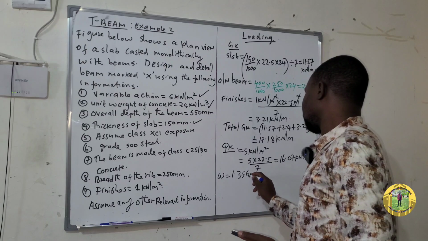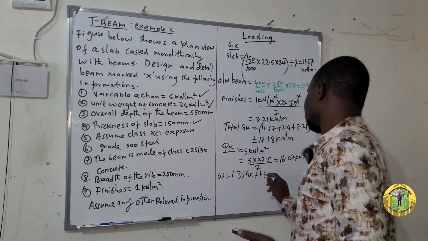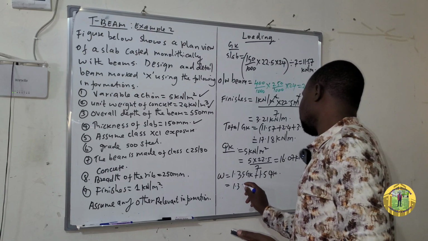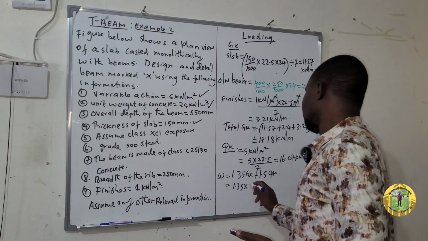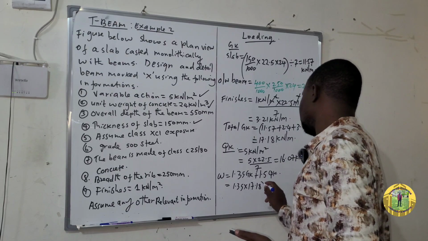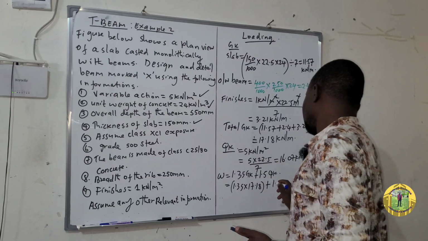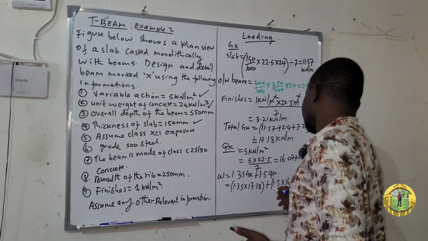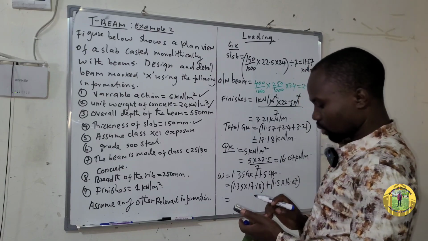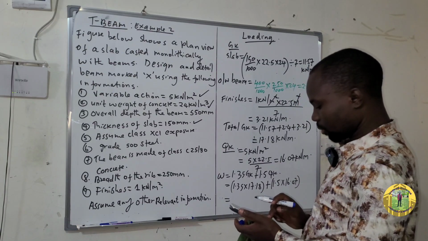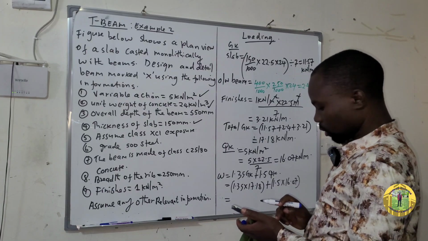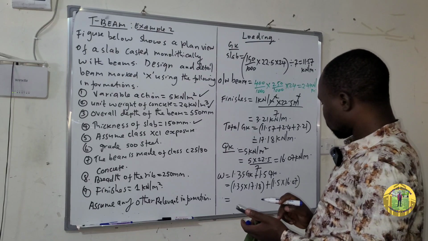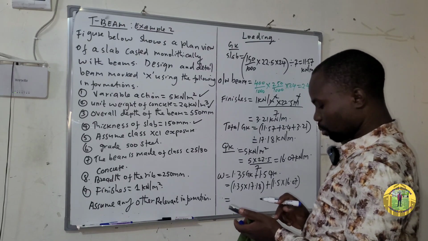Then the design ultimate load, which is W, is equal to 1.35 GK plus 1.5 QK. So this one is equal to 1.35 times 17.18 plus 1.5 times 16.07.